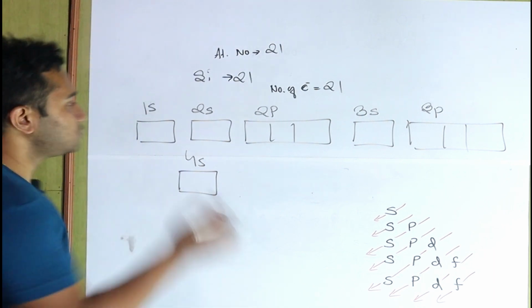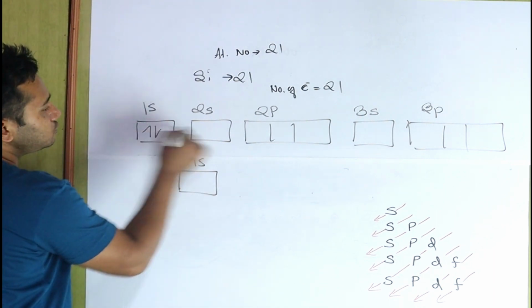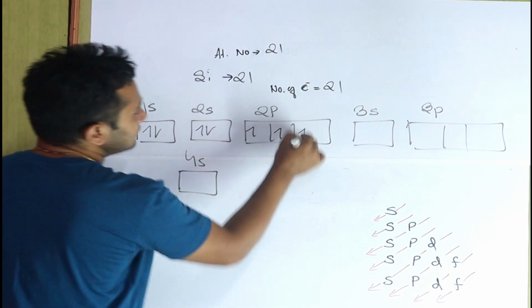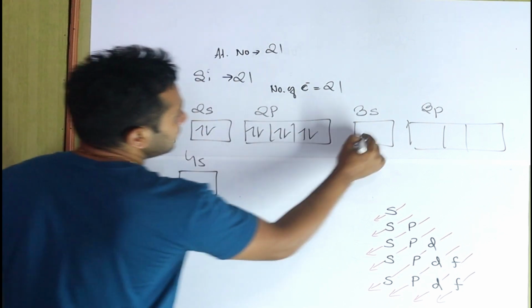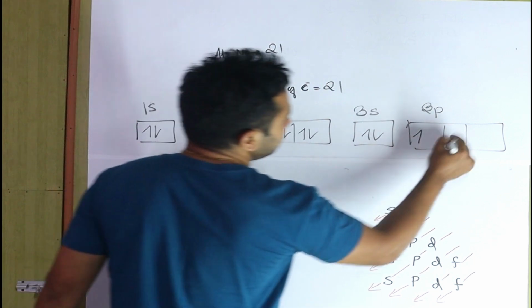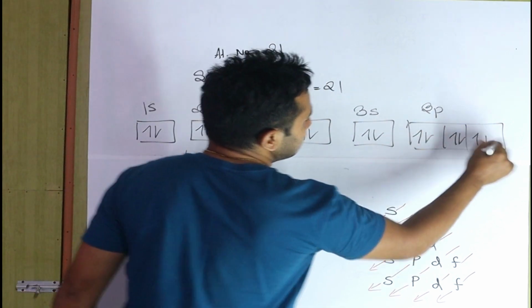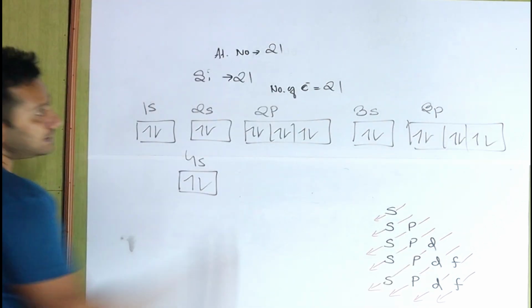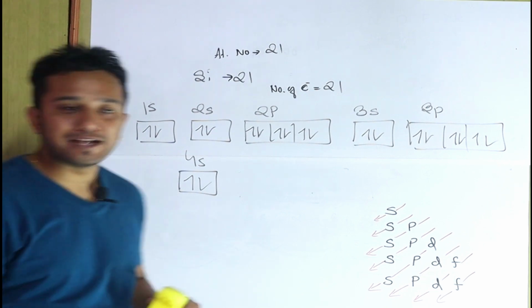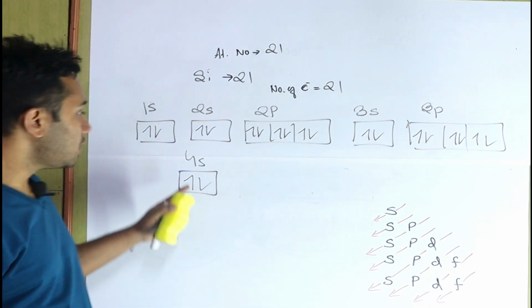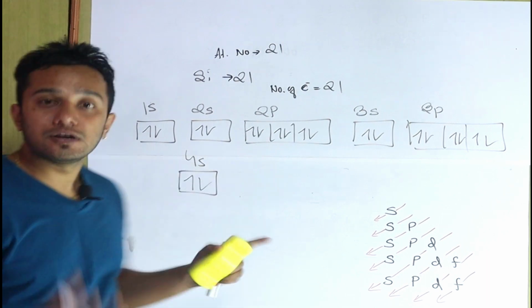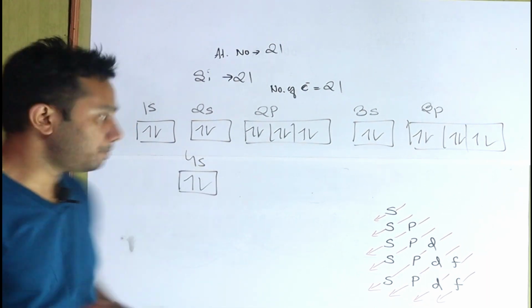So this is how I'm supposed to fill. 21 electrons means 1, 2, 3, 4, 5, 6, 7, 8, 9, 10, 11, 12, 13, 14, 15, 16, 17, 18, 19, 20. So I have filled 20 electrons. One more electron is left. So now we are supposed to see after 4s, which orbitals we are supposed to draw.